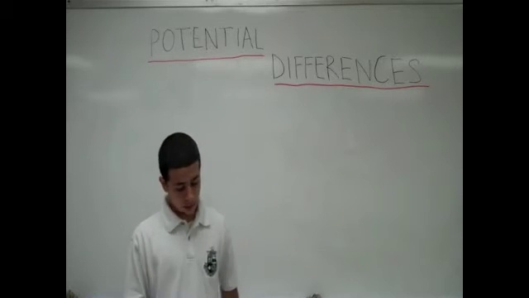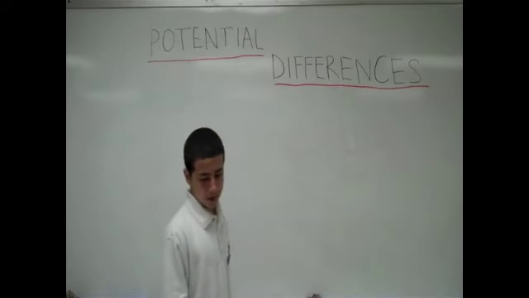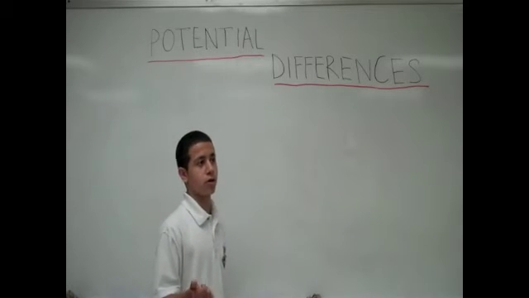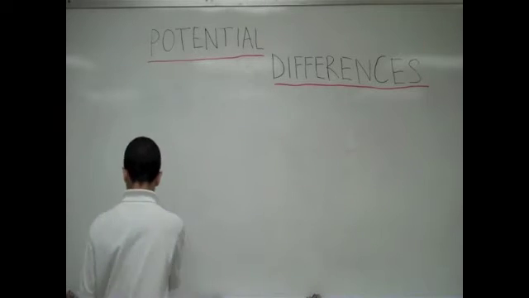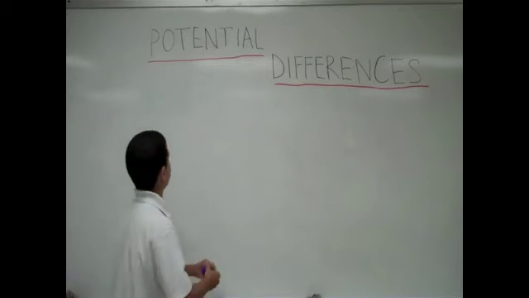So the symbols for these are charge, current, and time. I'll show you in a chart.